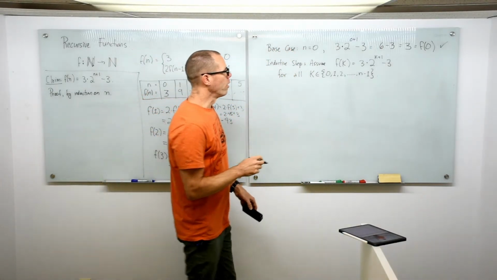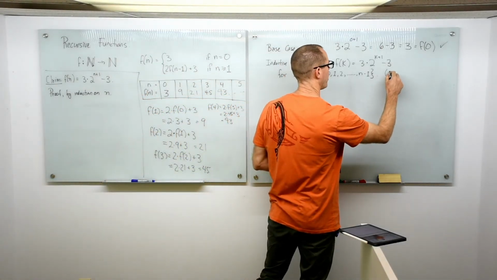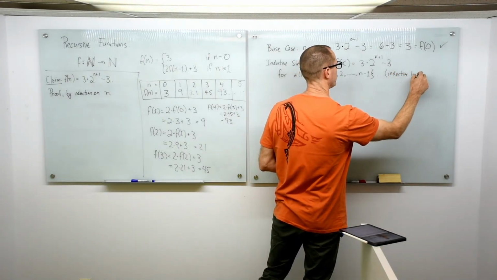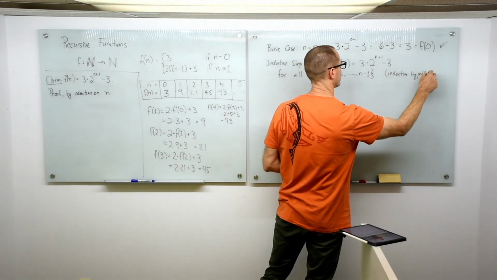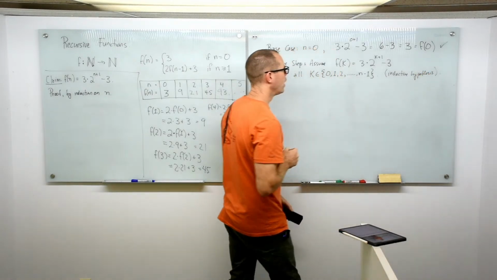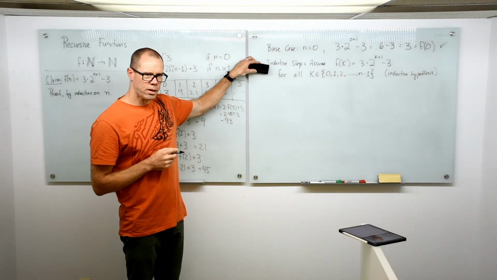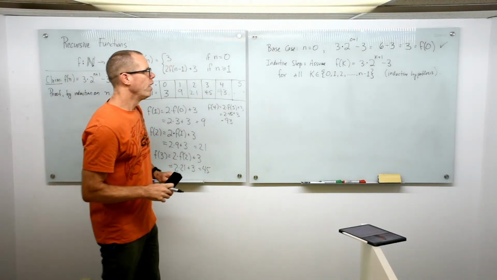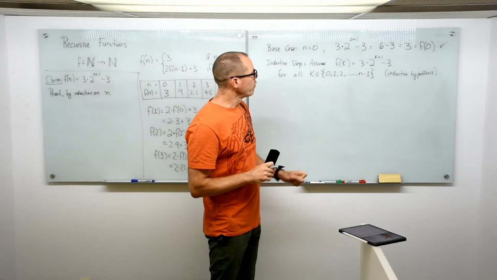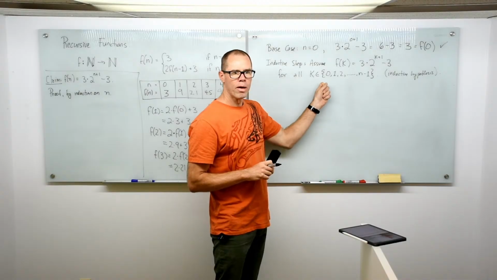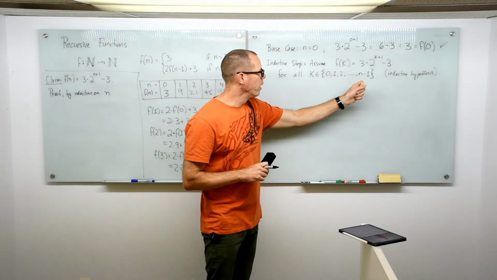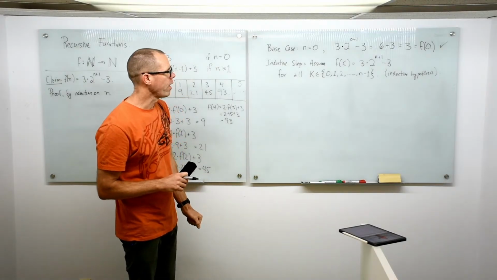So this thing here is called the inductive hypothesis. And now, assuming that this inductive hypothesis is true, which is almost what we need to prove, except we need to prove it for f of n, and this inductive hypothesis only assumes it's been established up to n minus 1, we're going to have to try and prove it for f of n.